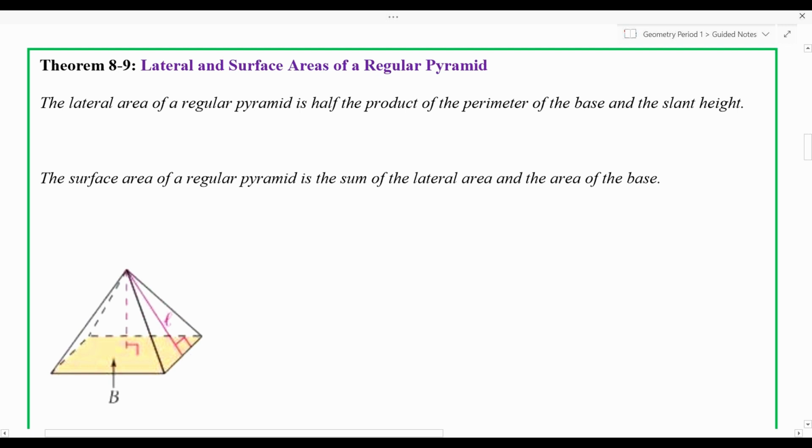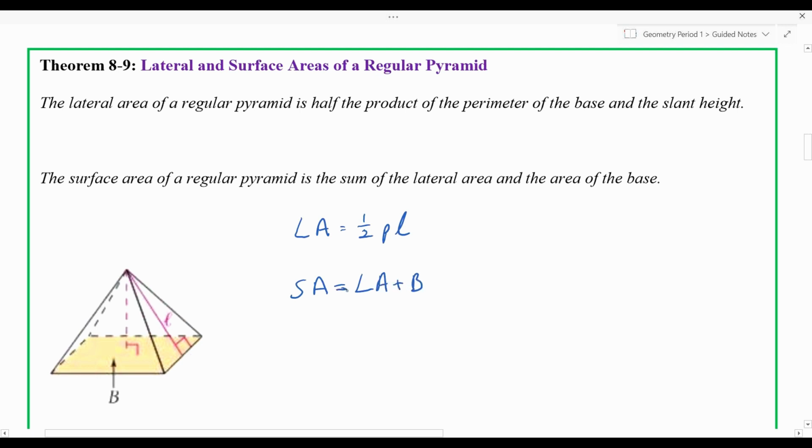The surface area of a regular pyramid is the sum of the lateral area and the area of the base. Essentially what this means is that the lateral area, LA, is defined as 1/2 p, for perimeter, times l, for slant. Then our surface area is defined as SA equals lateral area plus the area of the base.